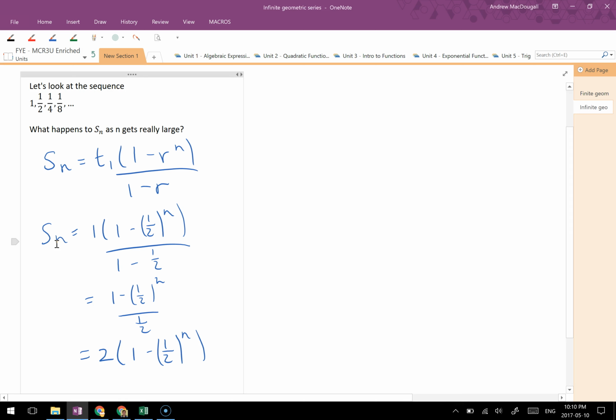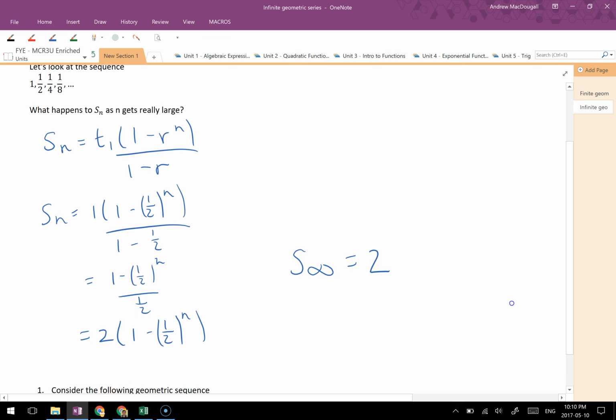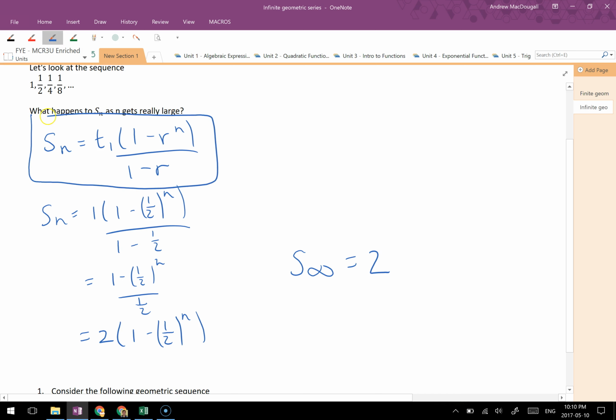And in fact, we're never going to go over 2. So in a sense, if I added all infinity terms of this sequence, which we call S infinity, that is equal, in this case, to 2. Really what's true is that the limit of this, as n goes to infinity, is equal to 2.